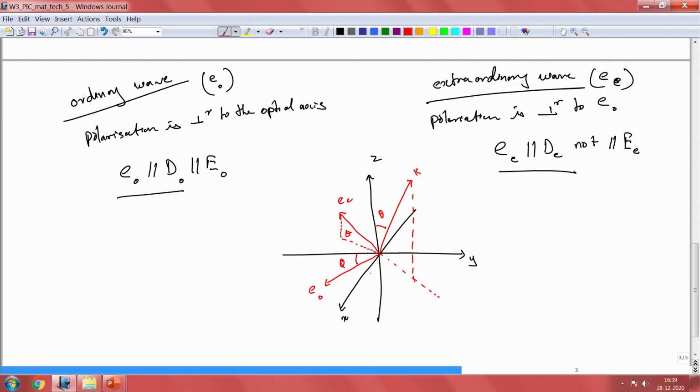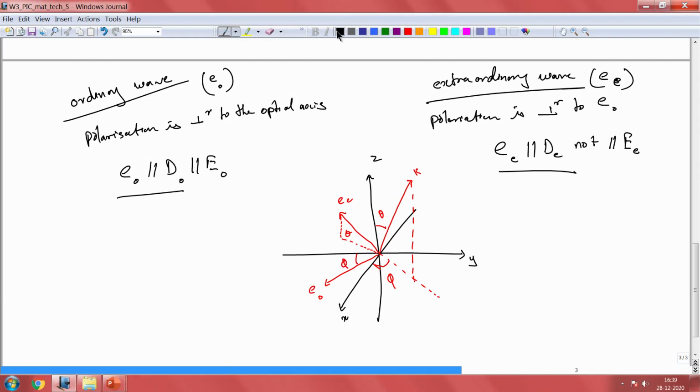All right, and this is perpendicular. This angle between these is nothing but again phi. All right. So, this is phi.